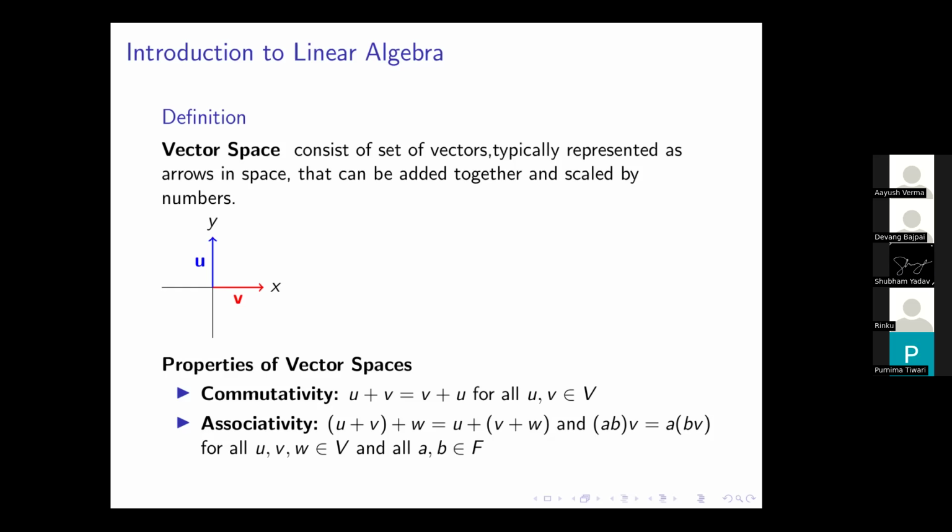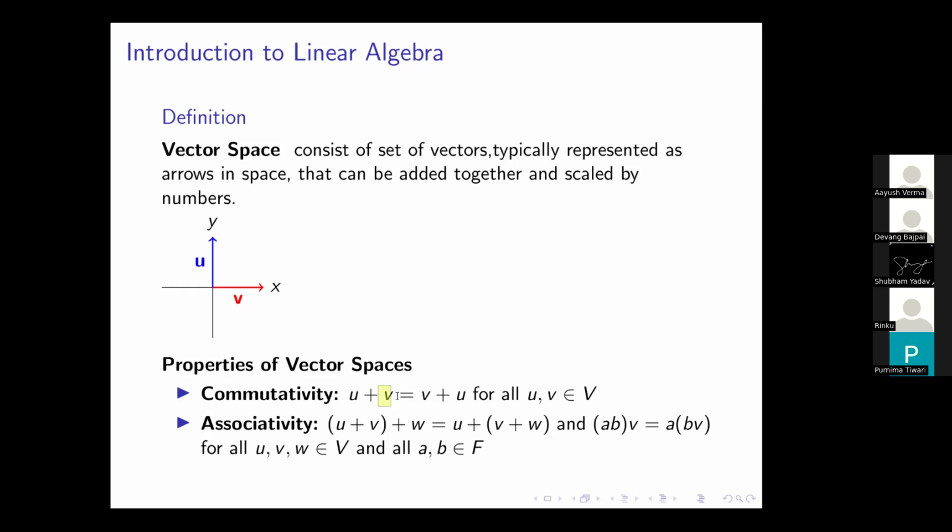There are some properties of vector spaces, such as commutativity, which means you can add two vectors by changing the order. Consider a vector u and a vector v.